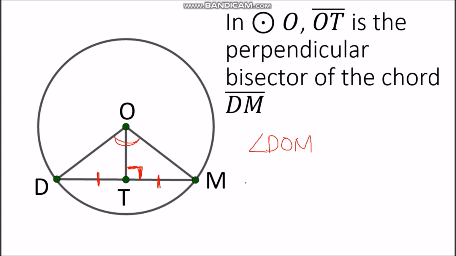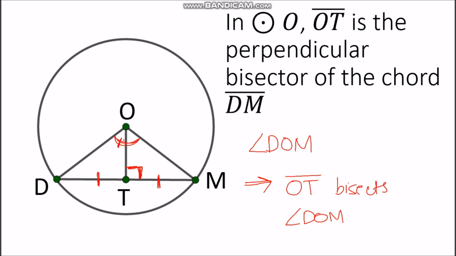Now applying Theorem 108, we can say that segment OT, which is the perpendicular bisector of the chord, also bisects angle DOM. So it will also divide the angle into two congruent parts.